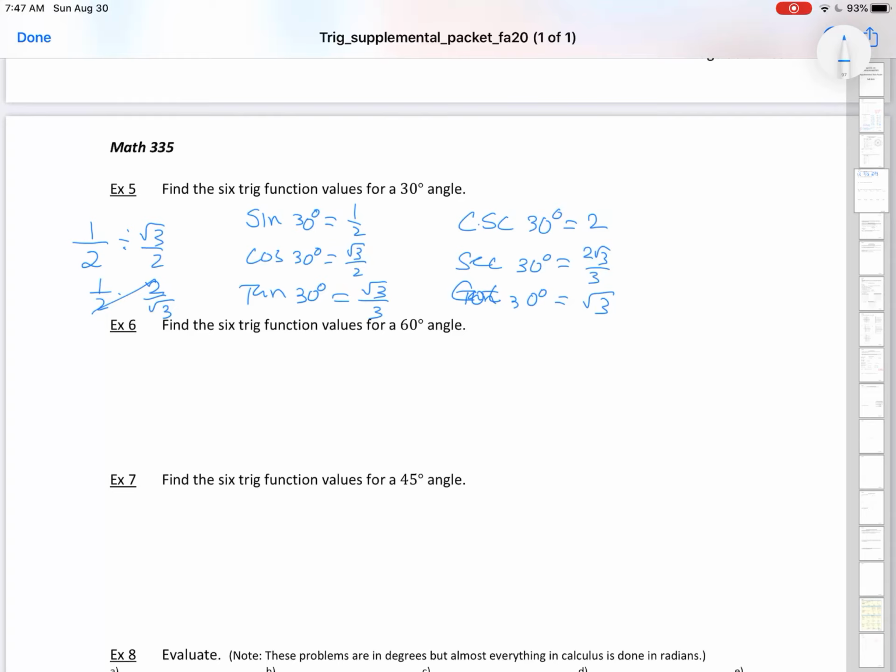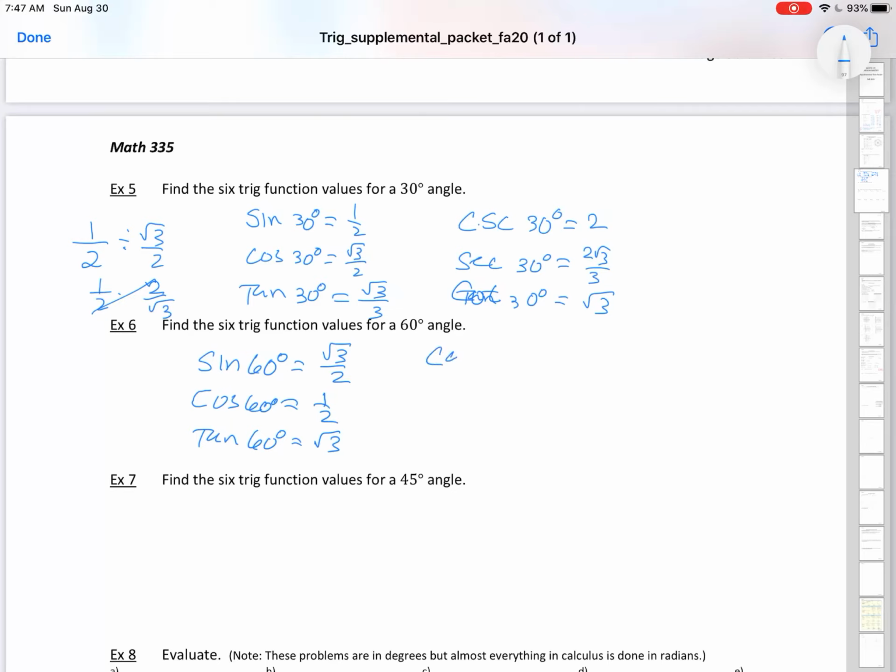And now for 60 degree angles, when I went to go get the sine of 60 degrees, I would say to myself, well, I know the sine of 30 degrees is 1/2, so the sine of 60 degrees is the other one. And that means then the cosine of 60 degrees is 1/2. You can use whatever language helps you out the best. Here, if I take the root 3 over 2 and divide by 1/2, my root 3 stays up top, so I know I'm going to get a root 3.